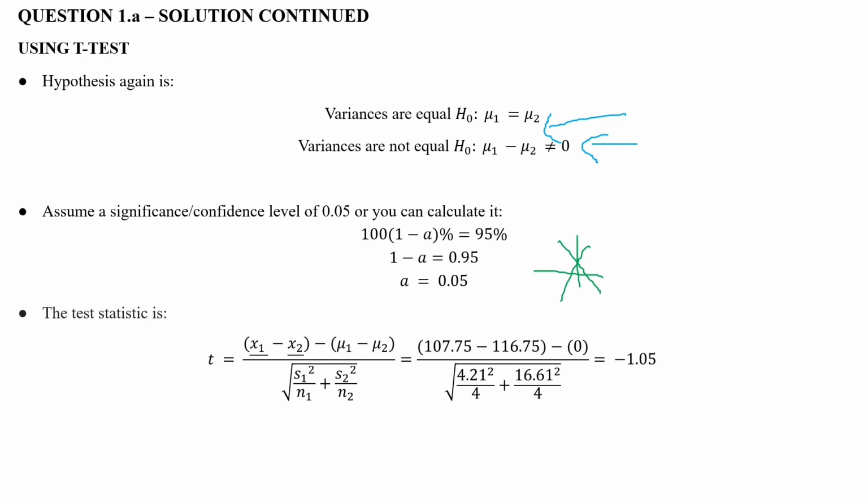The test statistic can be calculated using this formula here, and it should give us minus 1.05 if we substitute the brand 1 and brand 2 means, and also the standard deviations and the sample sizes.